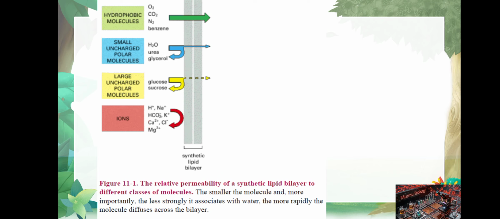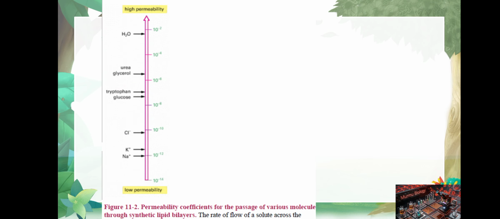Then there are large uncharged polar molecules which also have very small permeability across the cell membrane. And then there are ions, of which the question has asked about calcium ions and other types of ions. The rule applies to all of them. They are not permeable across the cellular membrane, isn't it?